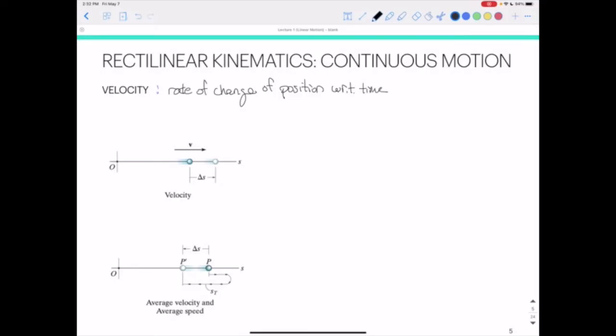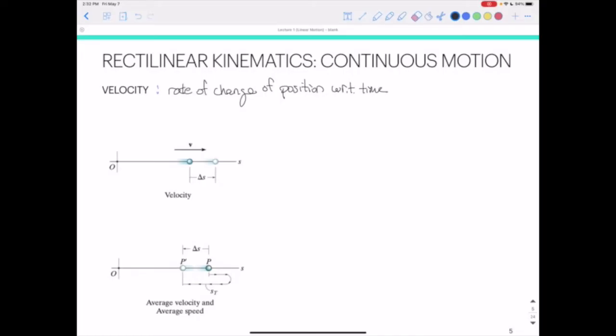So we can say that if we have a particle and it is displacing a delta s over some amount of time, we can say that the average velocity is the displacement over that period of time divided by the amount of time it took to displace that amount.